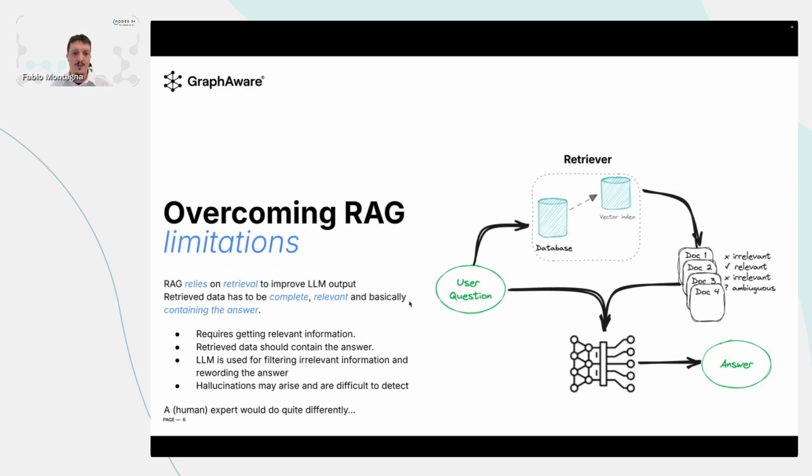Okay, this system works, but it has some limitations. First of all, RAG relies heavily on the retrieval. If the retrieval phase fails to extract the relevant documents, giving us incomplete information, the LLM cannot help with the answer. Imagine that you have a challenging question.